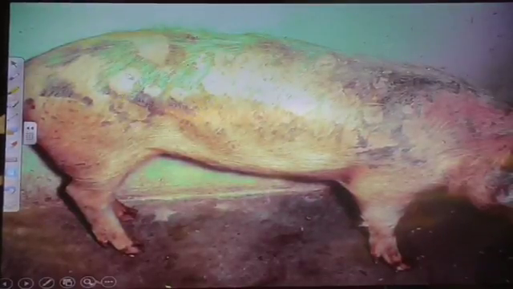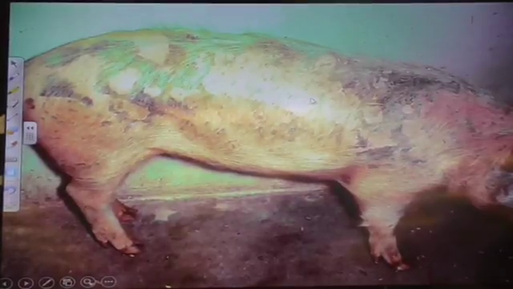Now he has dirt and stuff like that, but still, you get the idea that this is pretty much resolved, for the most part. You have some dark discoloration, but this skin is almost restored back to what it should be, absent the dirt that accumulated here.